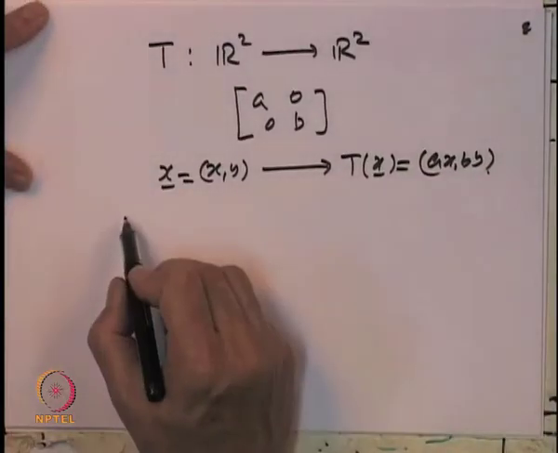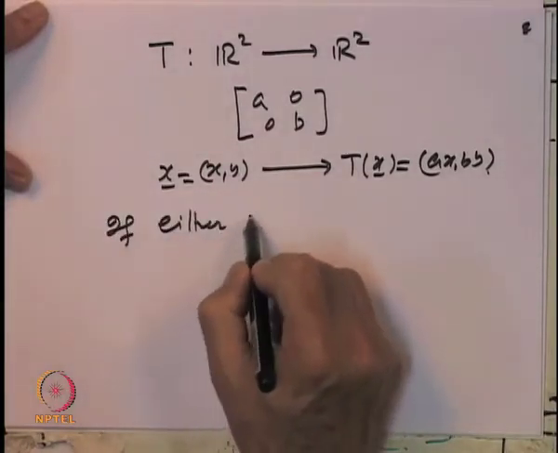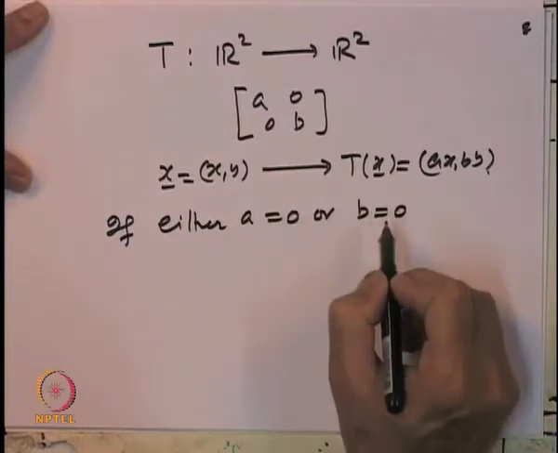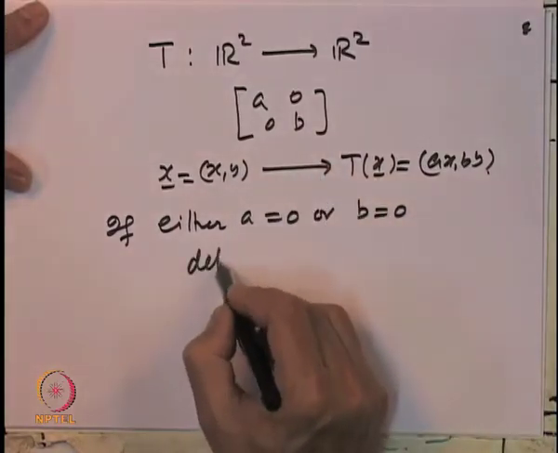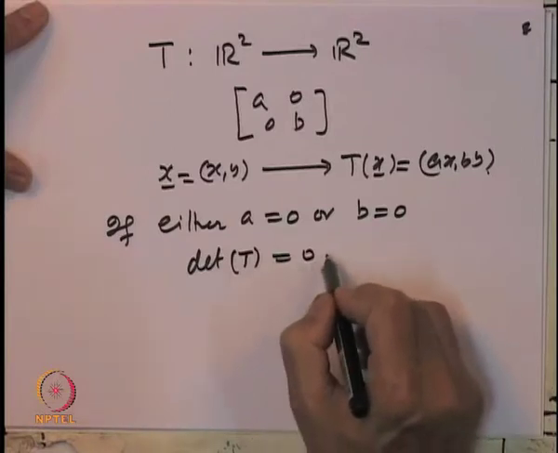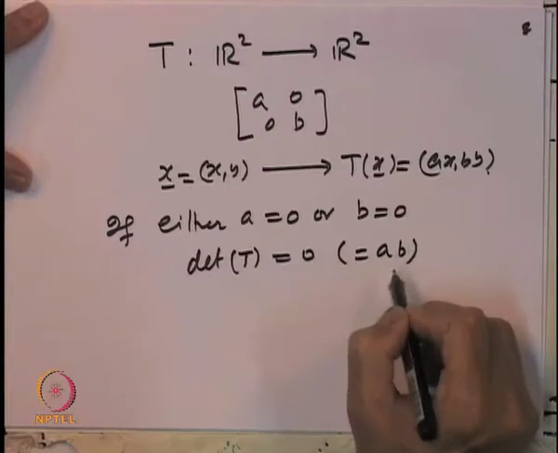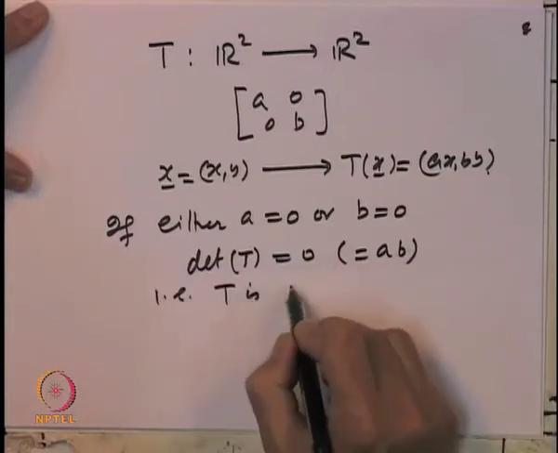Now, let us observe one thing here: if either a is 0 or b is 0, then the determinant of T is equal to 0, because the determinant of T is equal to a times b. That means T is singular.